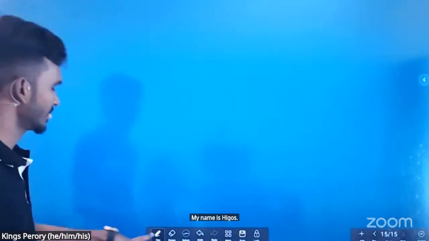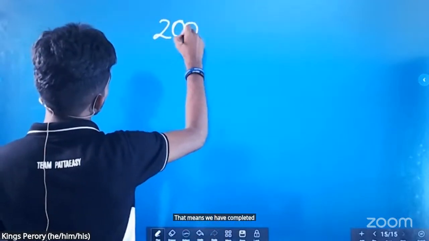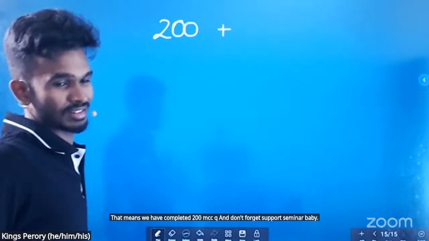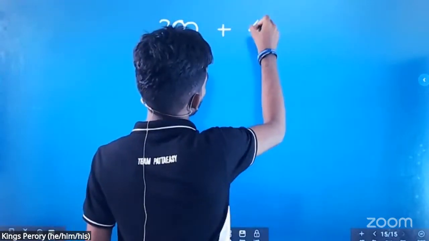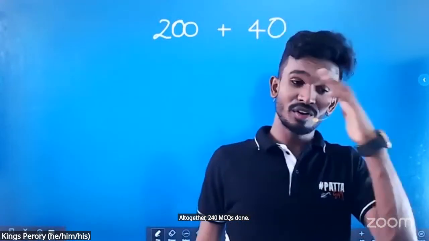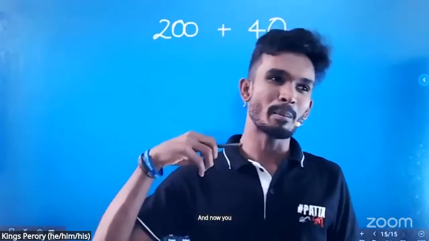That means we have completed 200 MCQs, and don't forget the support seminar paper. Altogether, 240 MCQs done. And now you can see there is not much to explain.